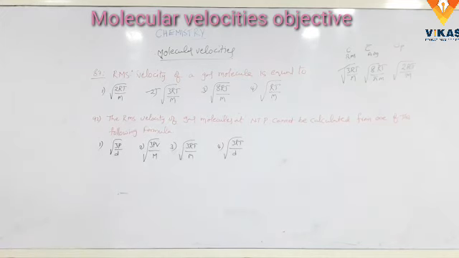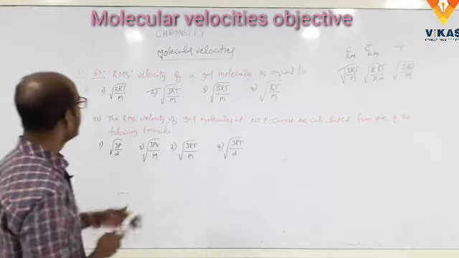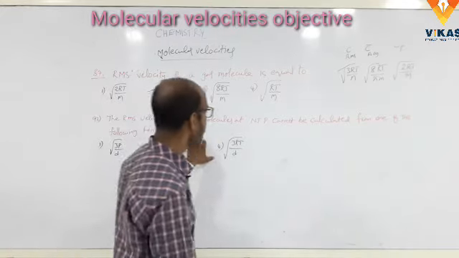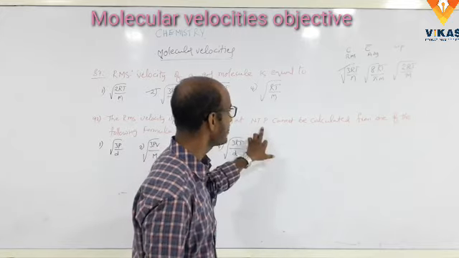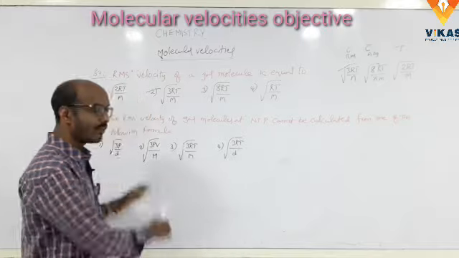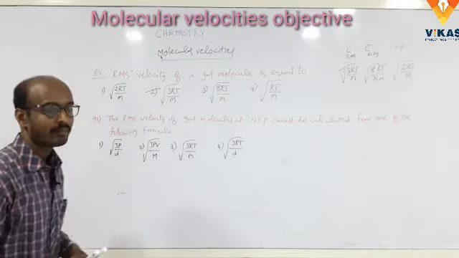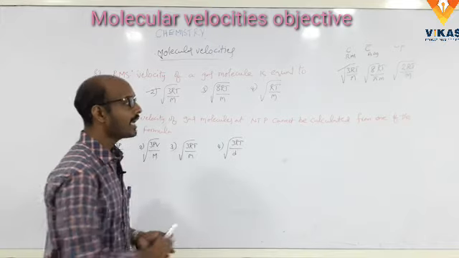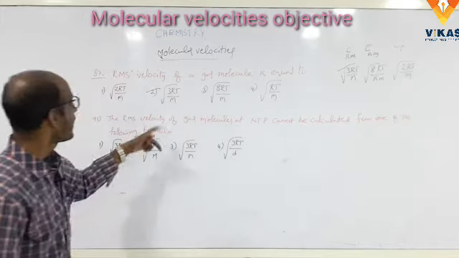So look at the question once, Nana. The RMS velocity of a gas molecule at NTP, normal temperature pressure, cannot be calculated from one of the following formulas. Here four formulas are there in the options 1, 2, 3, 4. So which one cannot be used to calculate RMS velocity?